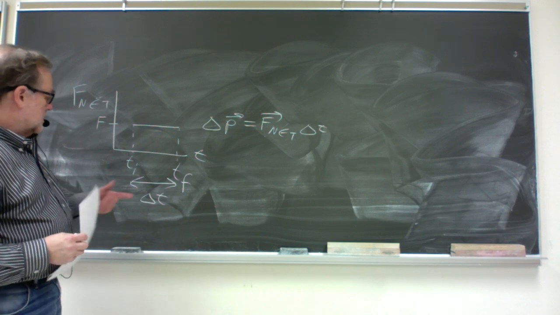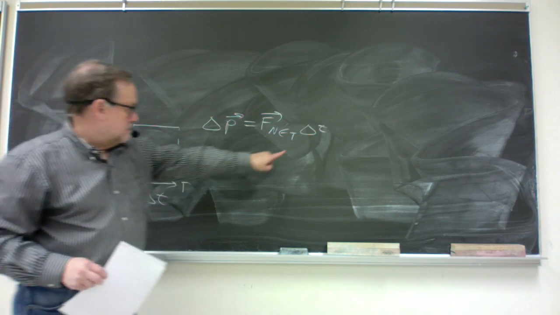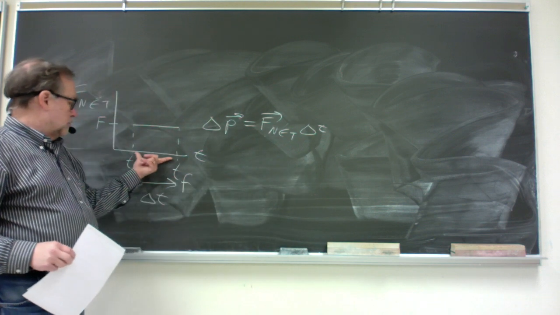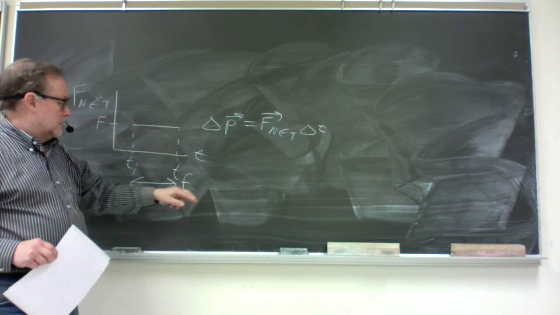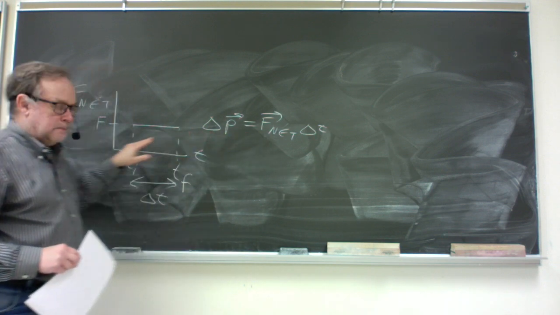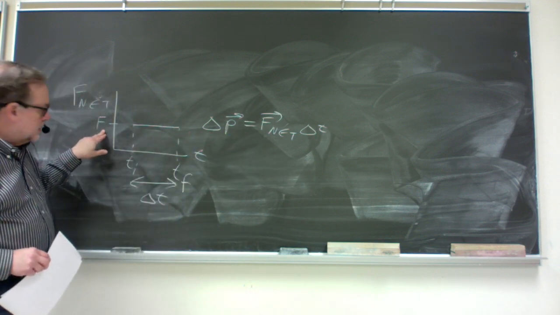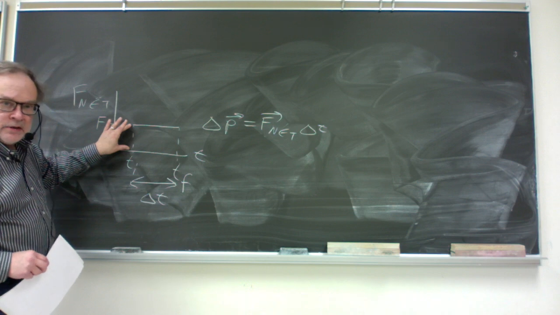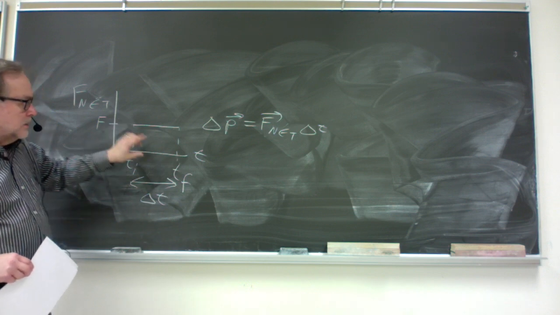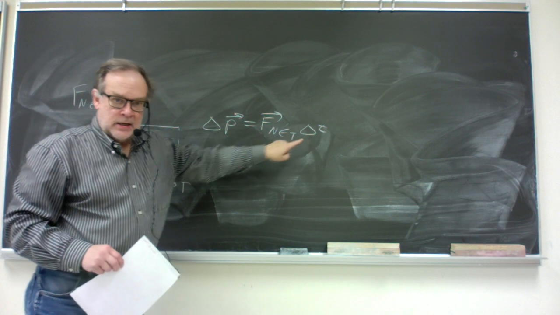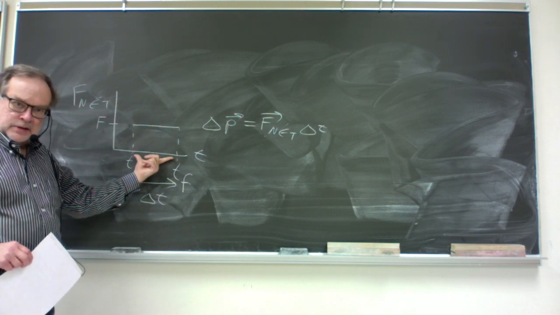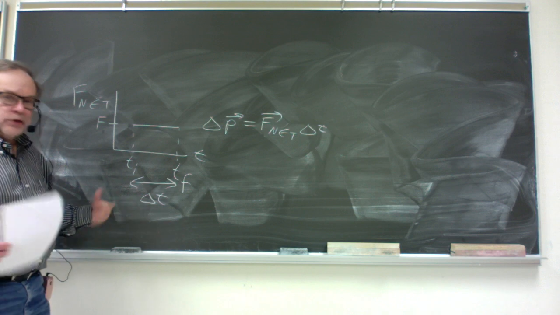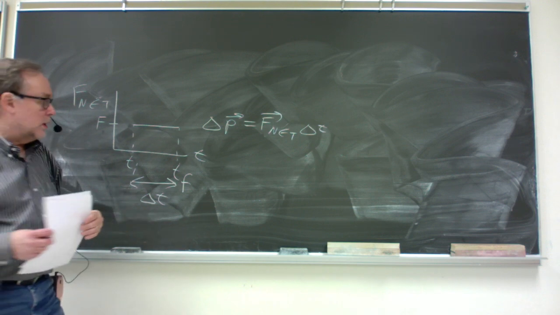But notice delta T is equal to this length on this rectangle, and net force, F newtons in this case, is just equal to the height of this rectangle. So force times time is just height times length of this rectangle. In other words, it's the area of the rectangle.